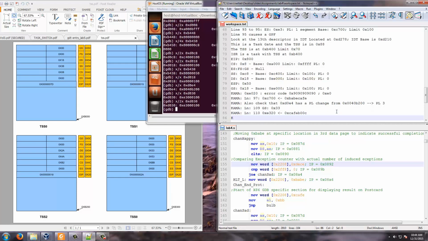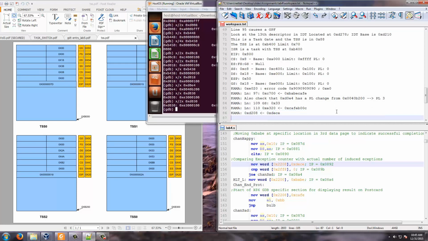right? So from there, when you see here, we see that your D208 should become 0xDCE.